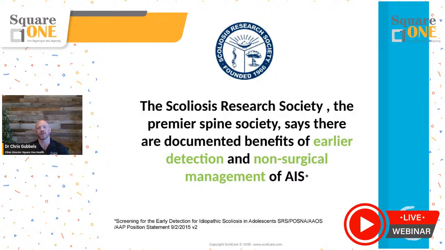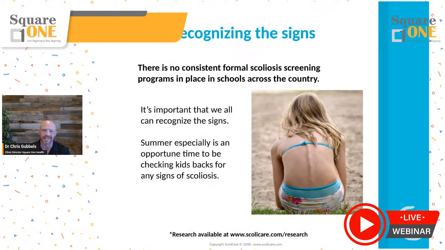And it's recommended that girls be screened for scoliosis by a trained professional at the ages of 10 and then again at 12 years old. And then a boy should be checked between the ages of 12 to 14, right around that time. Boys a little bit later, because generally they start to grow and develop a little bit later, during that adolescent time frame. So what are some of the signs of scoliosis?